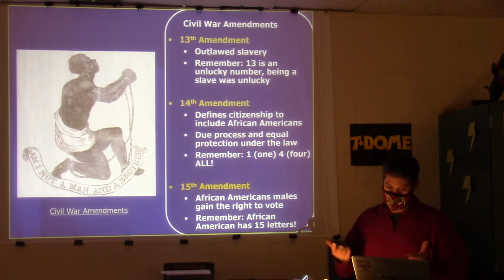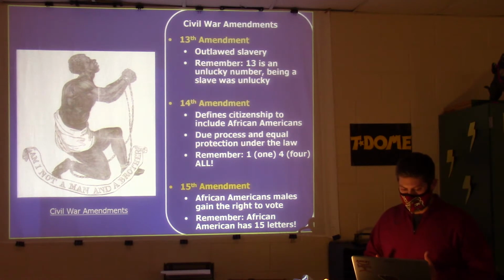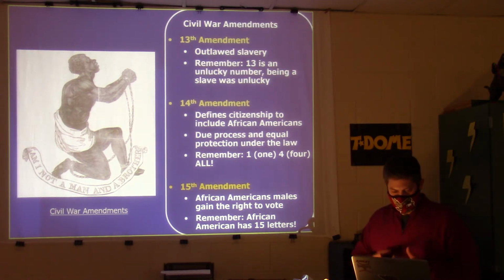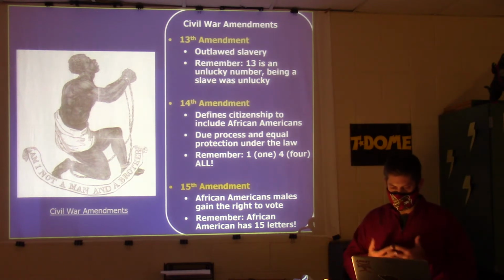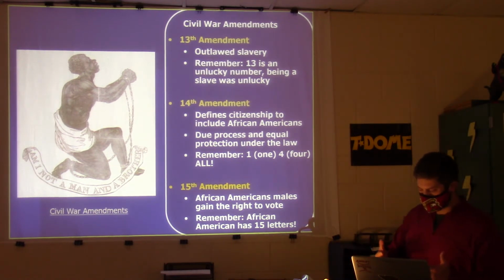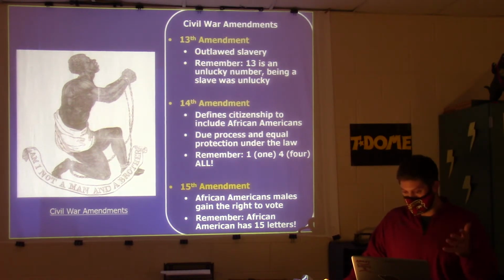14th Amendment, we've already talked about several times in this class, and that defines United States citizenship as including African Americans. It also provides us equal protection under the law, which means that no matter who we are, we're going to have the same due process through the process of law, meaning trial and accusations and verdicts and all that kind of stuff.